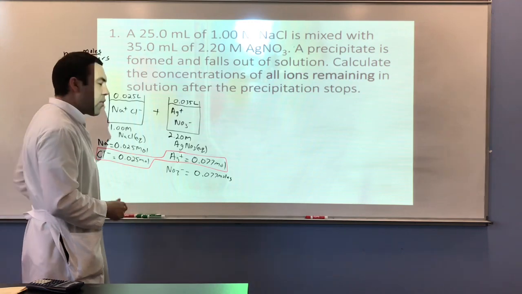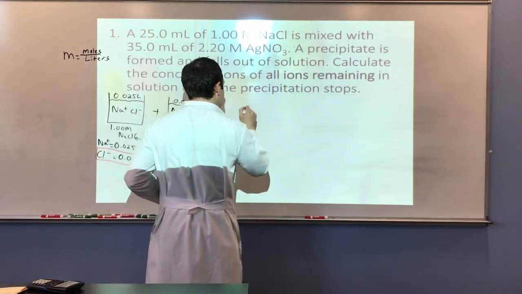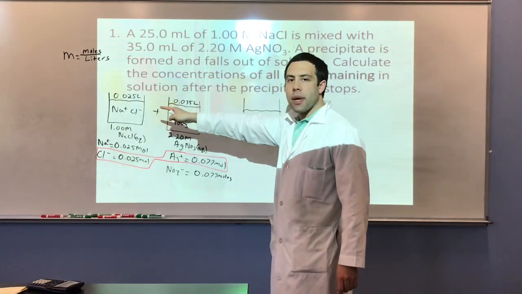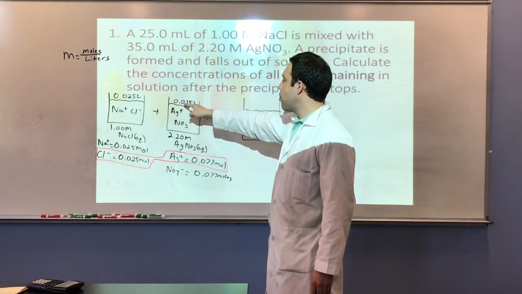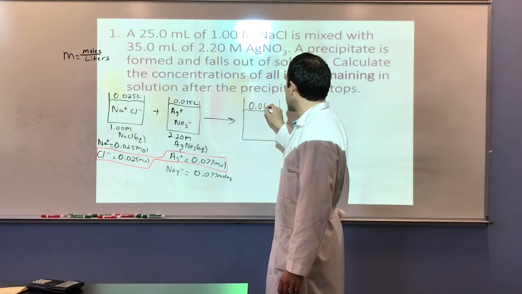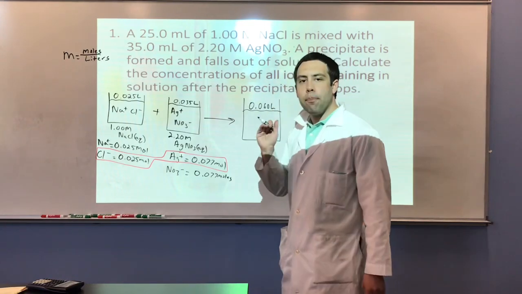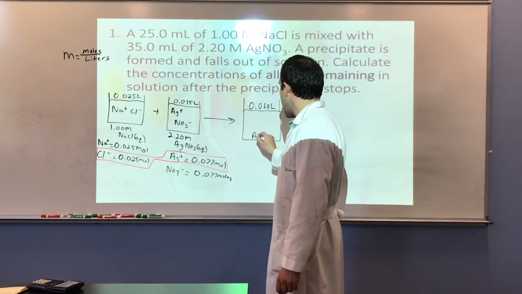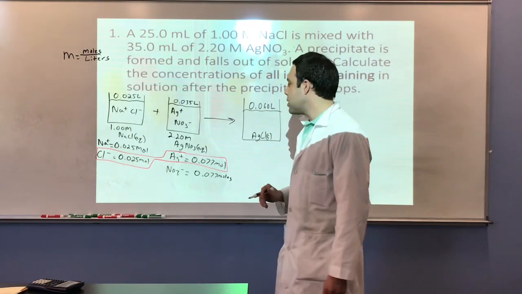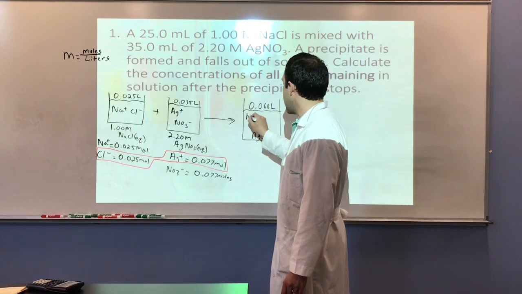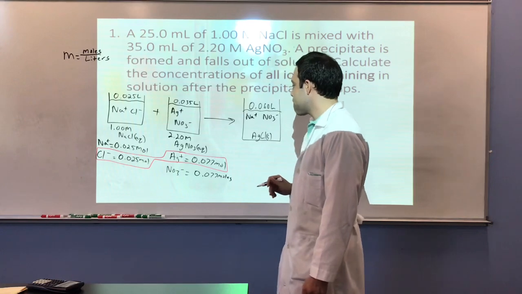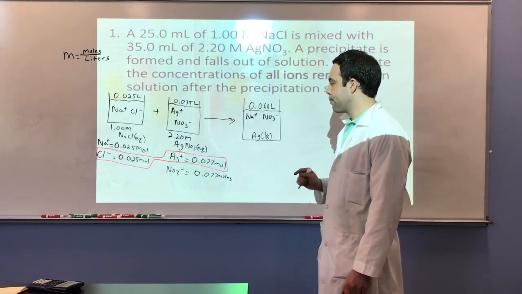So when I make my third beaker, which has a volume of 0.025 plus 0.035, which means the resulting volume is 0.060 liters, at the bottom of the beaker, we saw AgCl solid. And floating around in solution, we saw Na plus, we saw NO3 minus, and we saw one other ion.